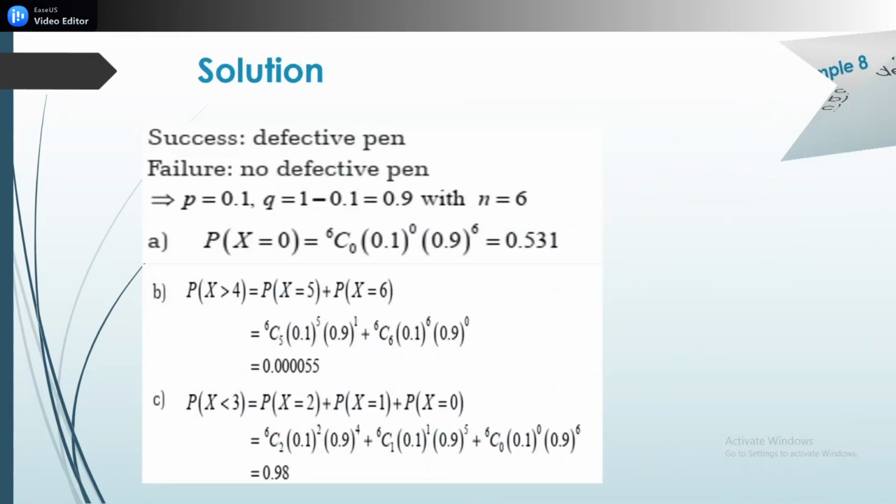Here you have the probability of less than 3, which can be the probability of getting 2 defective pens, of getting 1 defective pen, and of getting 0 defective pens. When you use the Bernoulli formula, we will get 6 choose 2, 6 choose 1, and 6 choose 0. When you make the operation, the result will be equal to 0.98 as the probability of getting fewer than 3 defective pens.